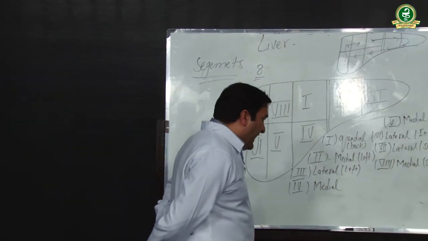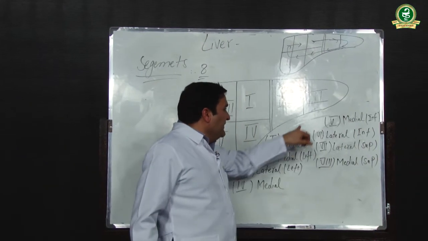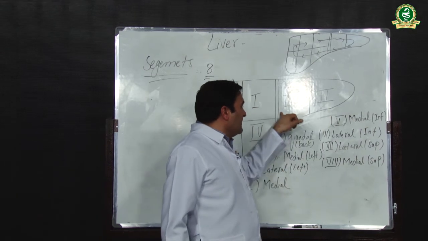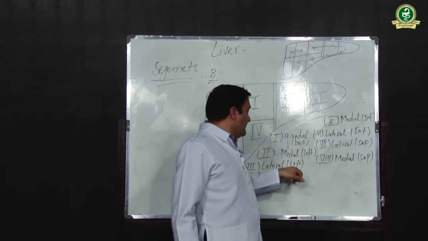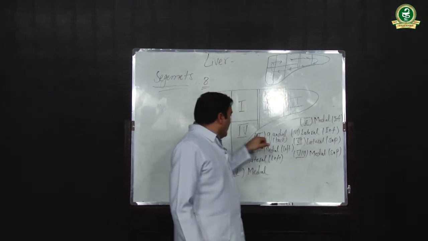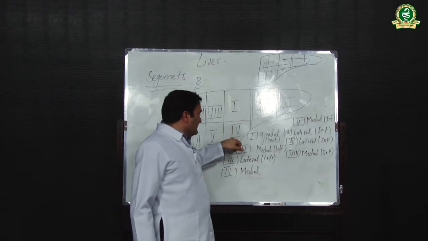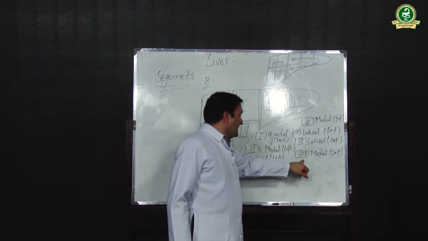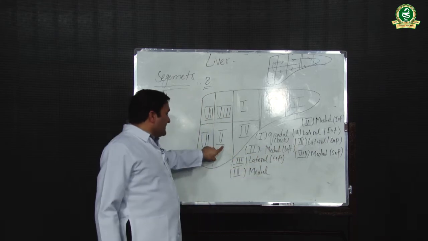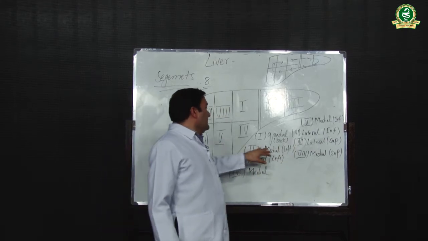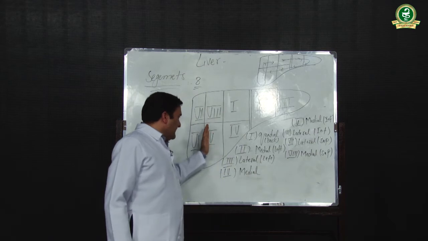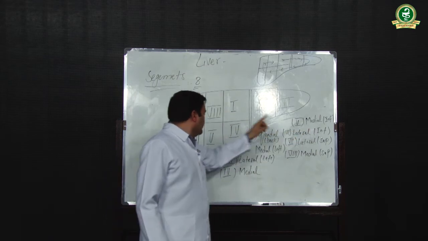Caudal means back, medial left, then lateral, away from the center line, means lateral left. That is medial, which is fourth, and that is fifth, which means near the center line, also medial but inferior.